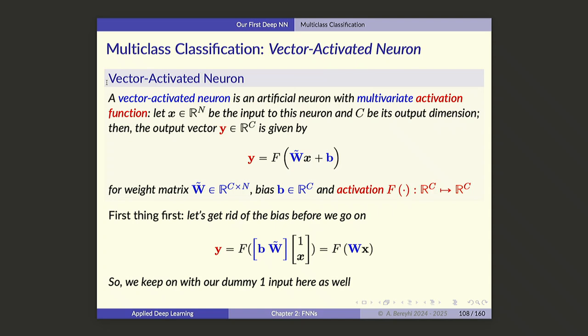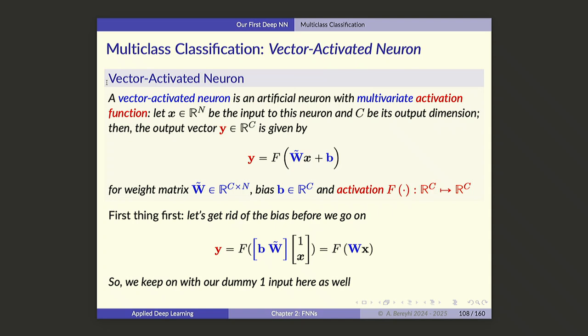We are not going to look at the bias anymore. We always have the dummy guy with us. The dummy guy is going to replace the bias place, and then we just think of it as a kind of linear transform, and then finally one vector activation. Okay? Everybody's cool?